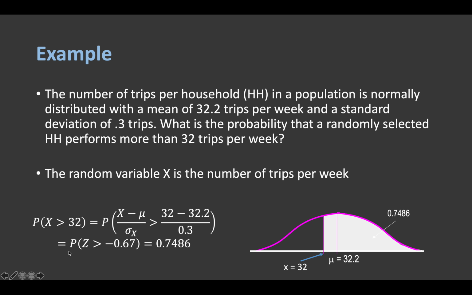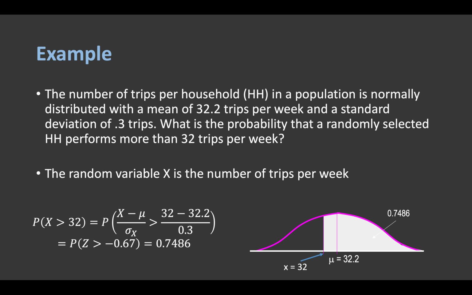After we do the transformation, it becomes z bigger than negative 0.67. And then we can use whatever calculation, and we can find that the probability is equal to 0.7486.